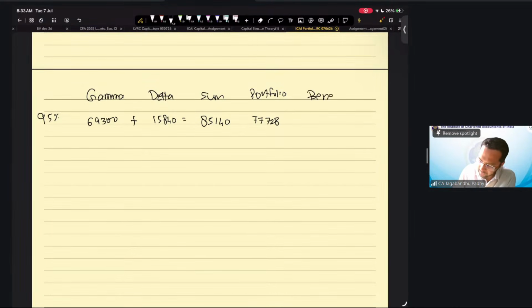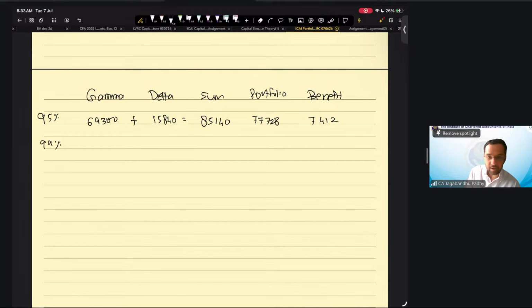So the diversification benefit, the difference between them: 85,140 minus 77,728 is 7,412. That is the benefit that we have.